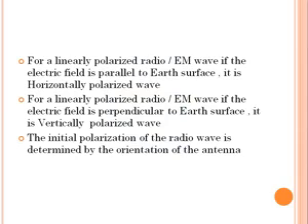Now we need to know what is a horizontally polarized wave and a vertically polarized wave. Both horizontal and vertical polarized waves are linearly polarized electromagnetic waves. In a linearly polarized electromagnetic wave, if the electric field is parallel to Earth's surface, then it is known as a horizontally polarized wave.